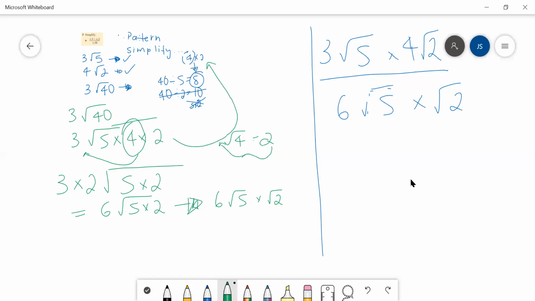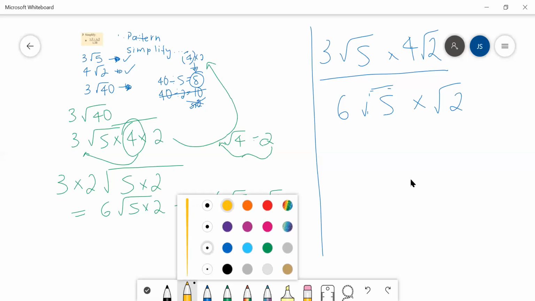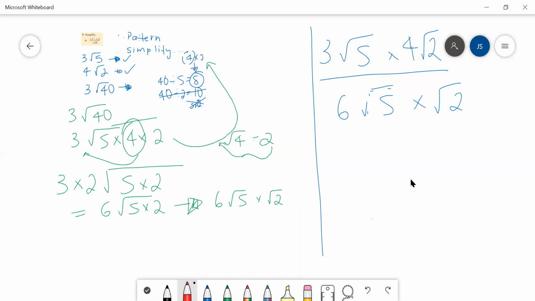When we look at the fraction now, we can see a pattern, because I can see square root of 5 repeated and square root of 2 repeated, on the top and on the bottom. Remember this is one whole product, so if I divide this number by that, it straight away applies to the right-hand side number as well.